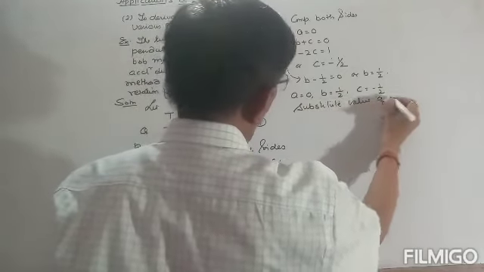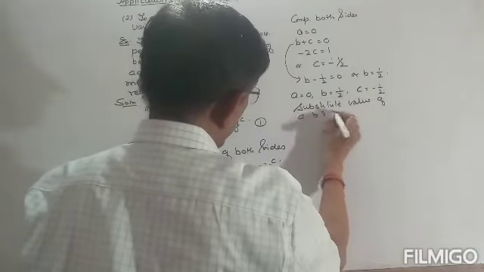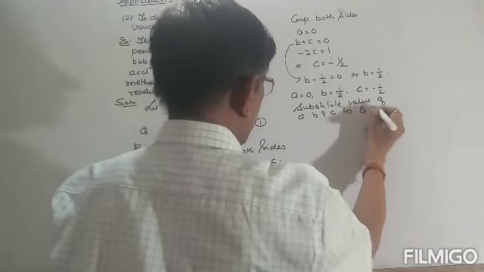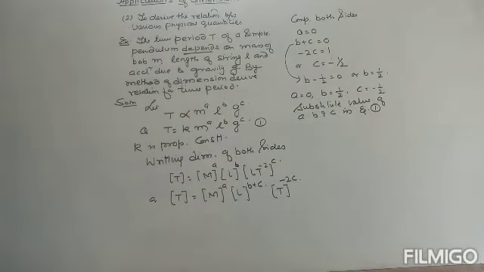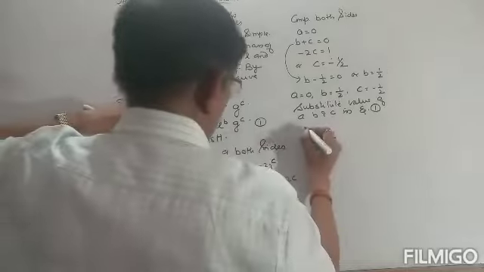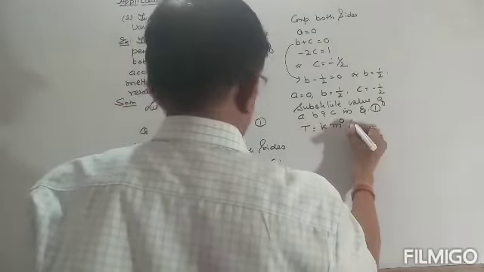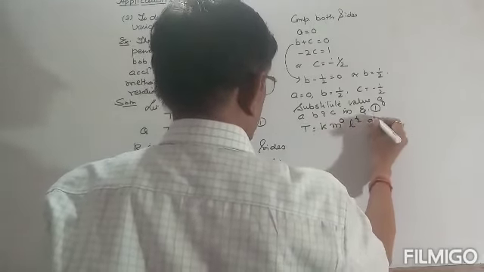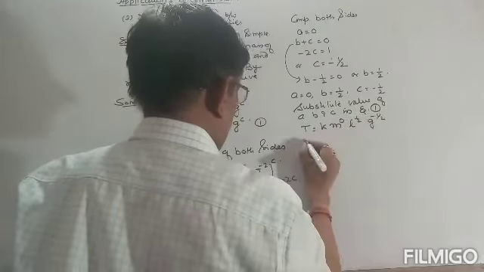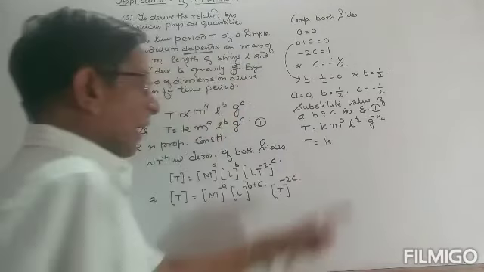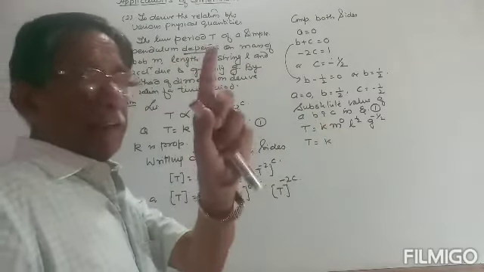Substitute value of a, b and c in equation 1. So you will have T is equal to K, M power 0, L power half, g power minus half. T is equal to K, anything power 0 is always 1.